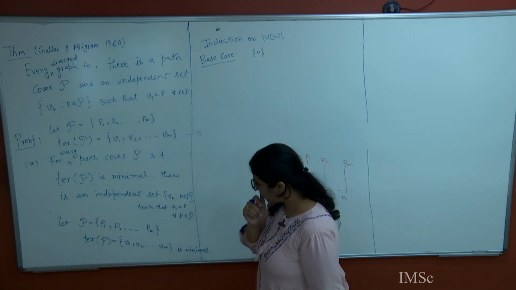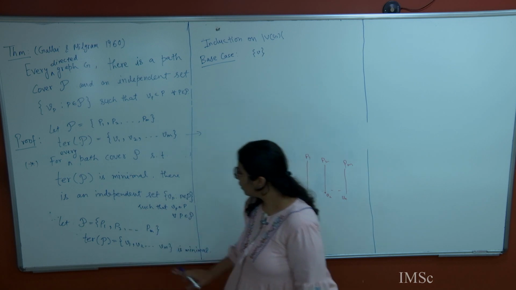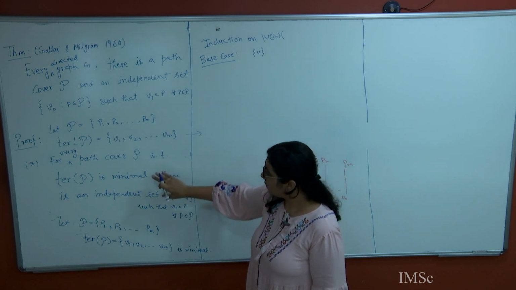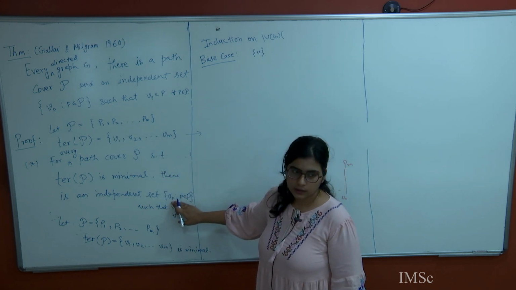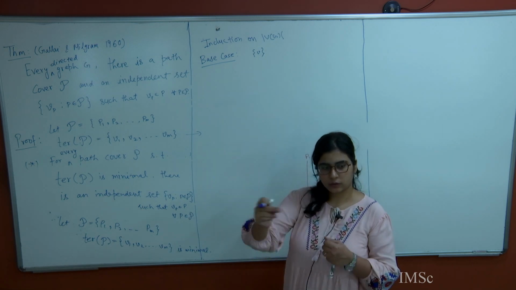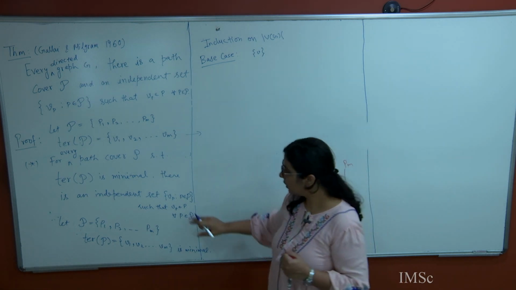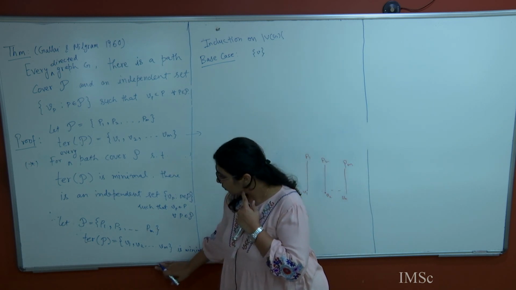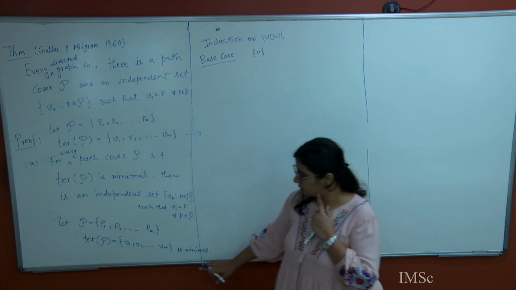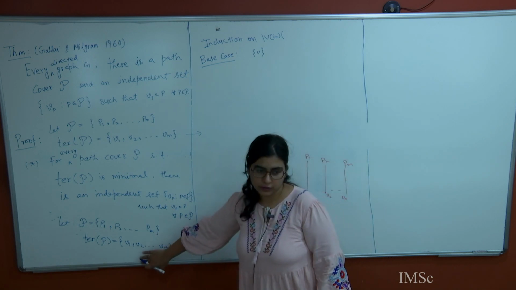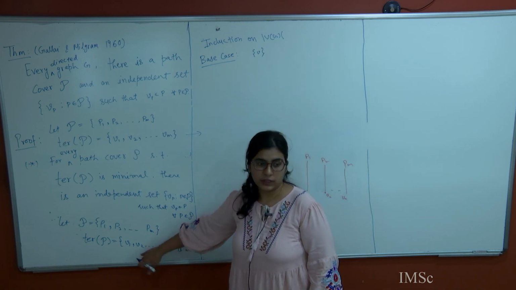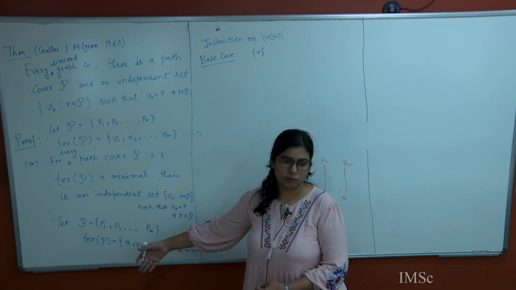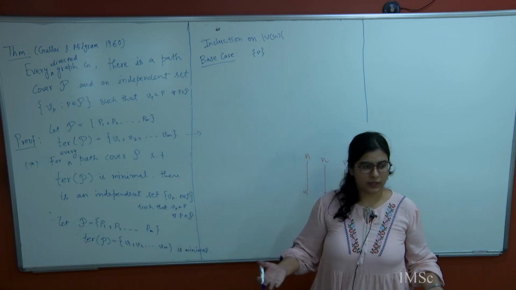So what can we say about this terminal set? What is our goal? We want to find some independent set such that we have one vertex corresponding to each path. That is our goal. So first we should check whether the terminal set itself is independent or not, because if it is independent then we are done, right?